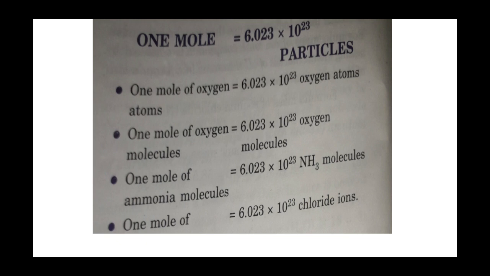So if we want to calculate the number of atoms and molecules in a particular substance on the basis of its molecular mass, it will be equal to 1 mole, that is 6.023 into 10 raised to power 23. This number is also known as Avogadro's number, and the symbol is NA.